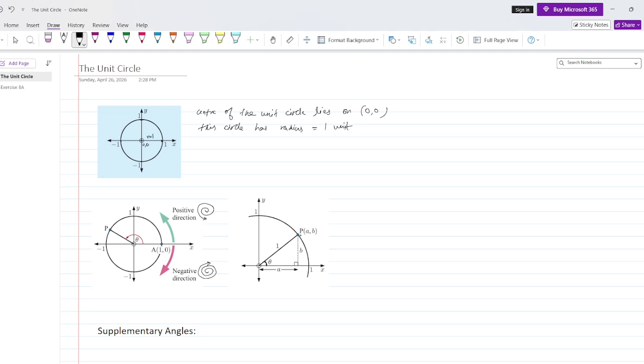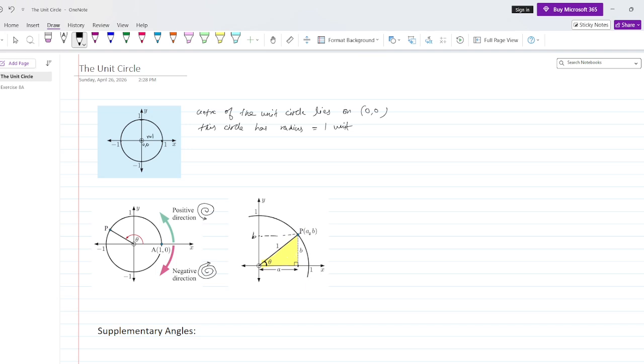Now, if we drop an altitude from P onto the x-axis, and let's say the length of this altitude is B, we can say that this forms a right angle triangle. Now in this triangle, let's say this is A units away from the origin on the x-axis and B units away from the origin on the y-axis.